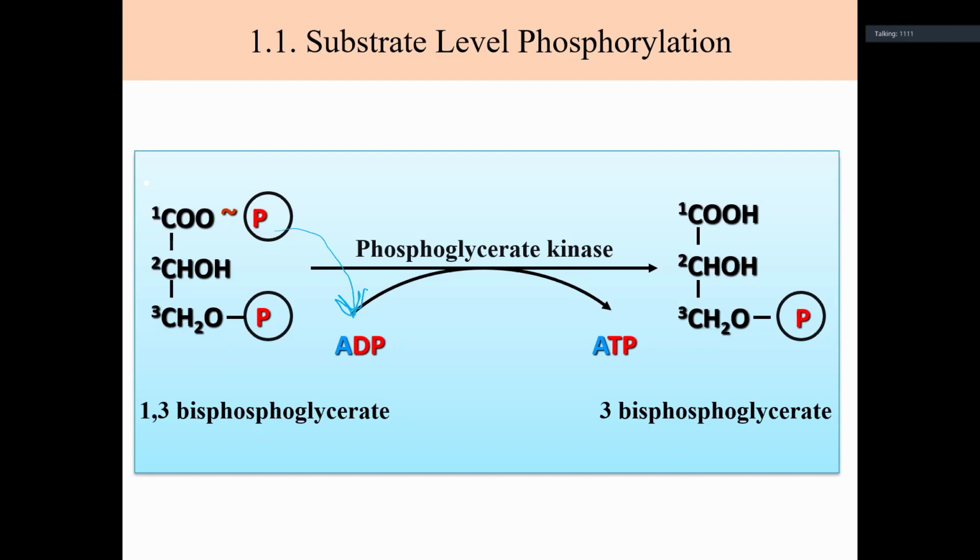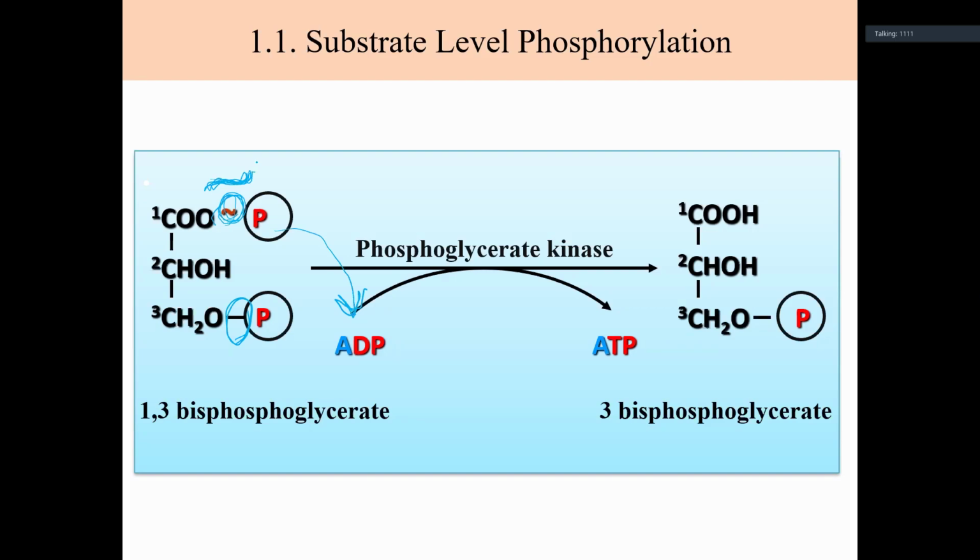Now one more thing. If you see, there are 2 phosphates; one phosphate has this sign and another phosphate has a different sign. Whenever you find this sign, you need to understand that this is a weak bond and this phosphate is a labile phosphate.